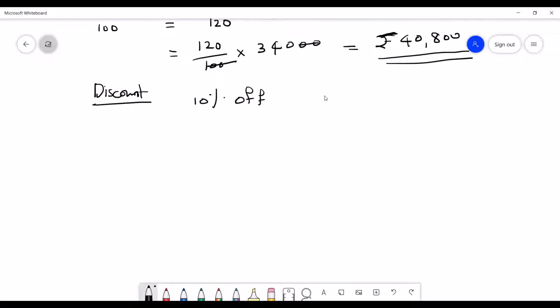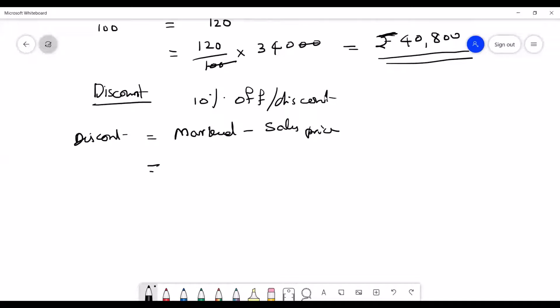You may see off, which means discount only, otherwise you may see discount. Discount or off means marked price minus sales price. Marked price minus sales price.